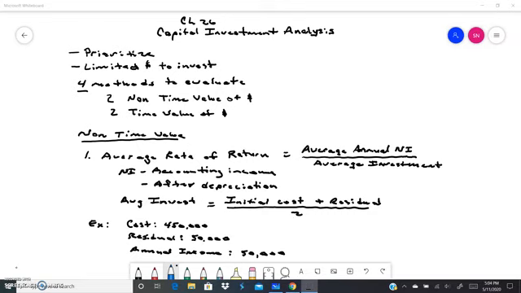But we can look at more than just two. In fact, by virtue of using these techniques, we can actually prioritize capital expenditures.